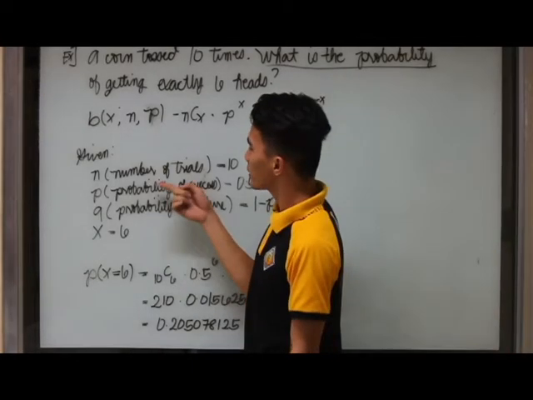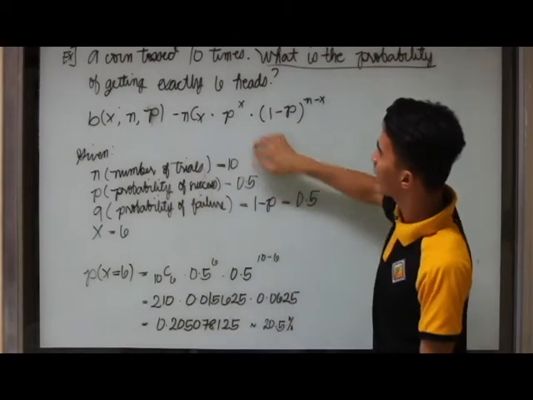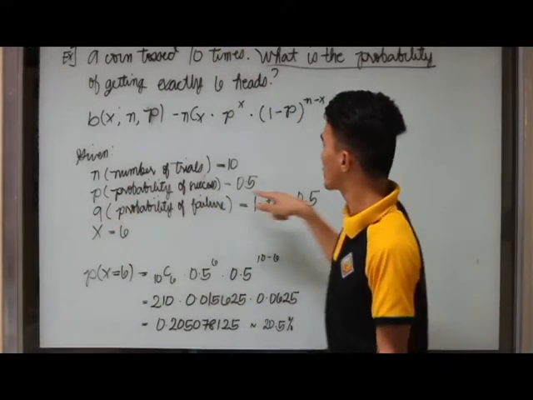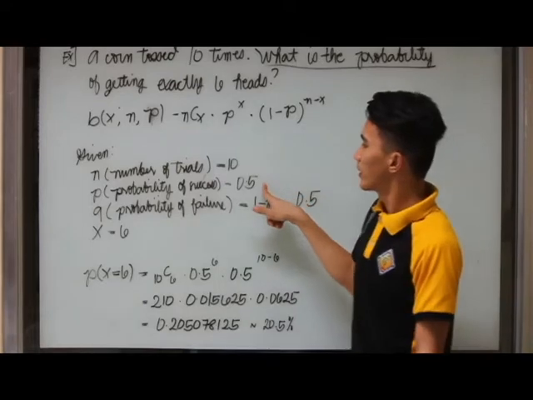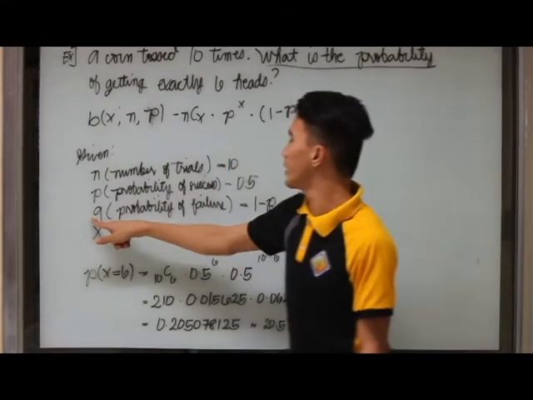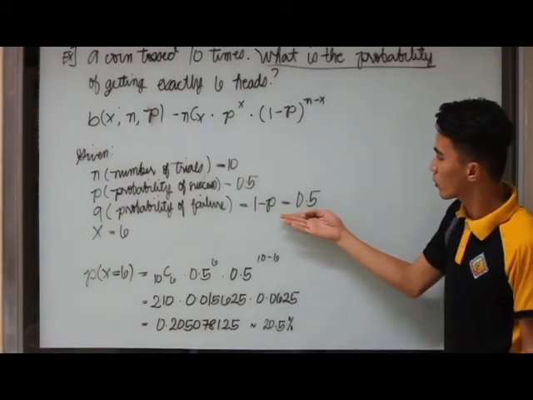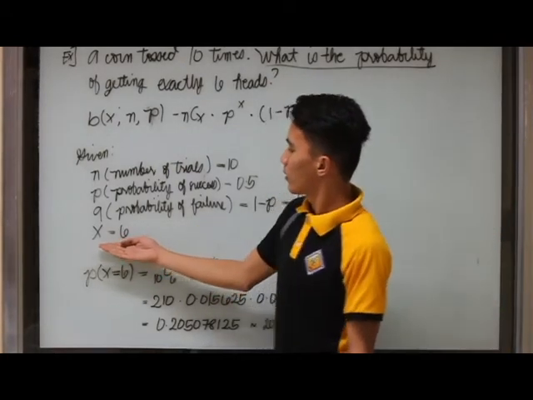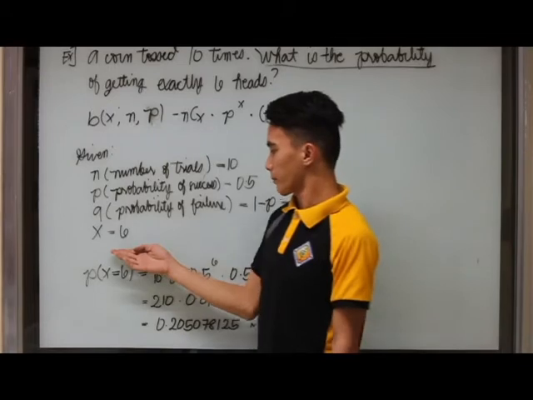Given n, which is the number of trials, is equal to 10. P, the probability of success, is equal to 0.5. Q, the probability of failure, is equal to 0.5 also. And x is equal to 6.